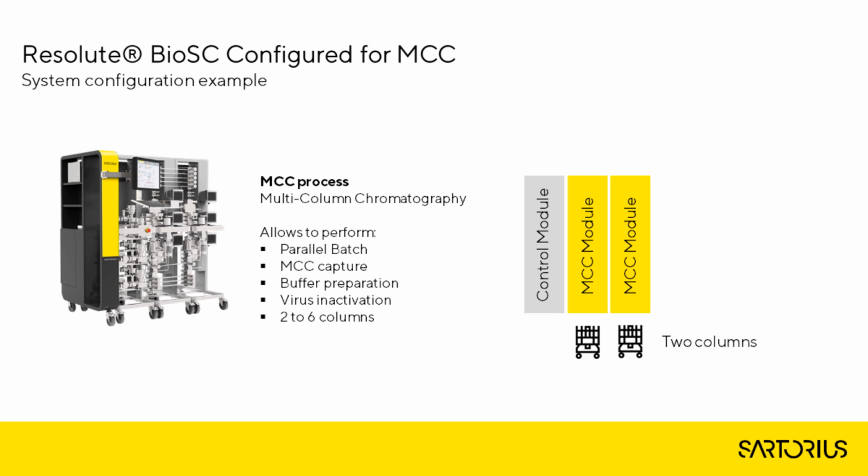The next configuration would be the multi-column chromatography, here shown with 2 columns, and you can do a parallel batch or multi-column capture step with overloading if you employ 3 columns, for example. Buffer preparation is supported. You can also do virus inactivation, and as I said, you can operate here 2 to 6 columns in parallel.